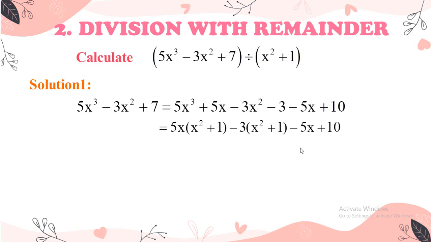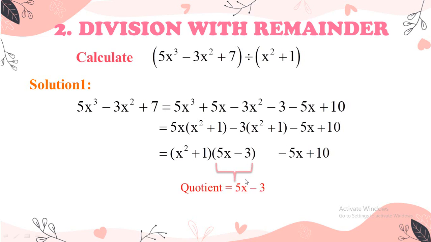5x^3 minus 3x^2 plus 7 equals 5x^3 plus 5x minus 3x^2 minus 3 minus 5x plus 10, equals 5x(x^2 plus 1) minus 3(x^2 plus 1) minus 5x plus 10, equals (x^2 plus 1)(5x minus 3) minus 5x plus 10.